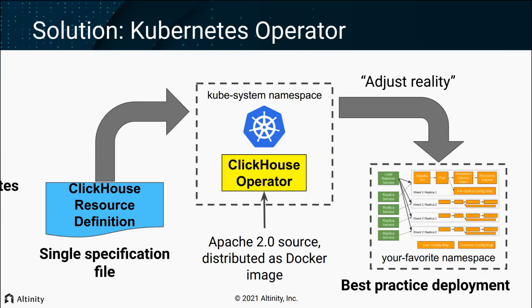It will do all the configuration files, which are relatively complex. It can help you ensure that you get the right amount of storage, and so on and so forth. It provides monitoring. It provides a bunch of stuff that's necessary to really run ClickHouse, particularly in production on Kubernetes. And this all happens from a single file.